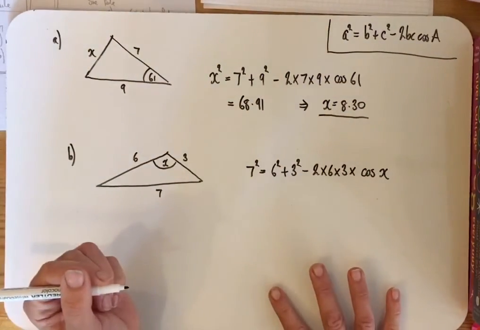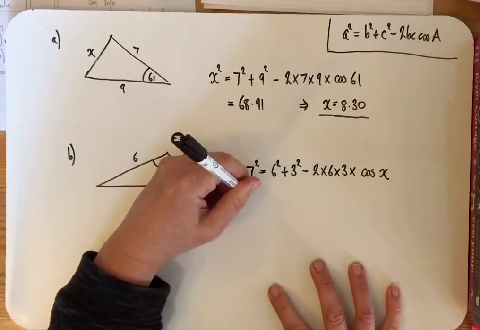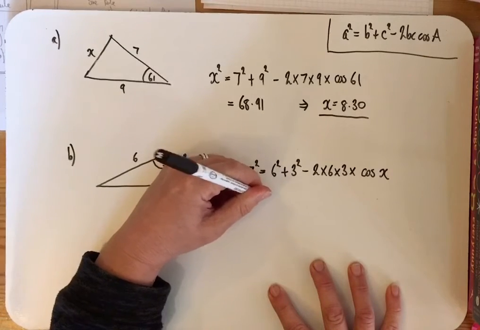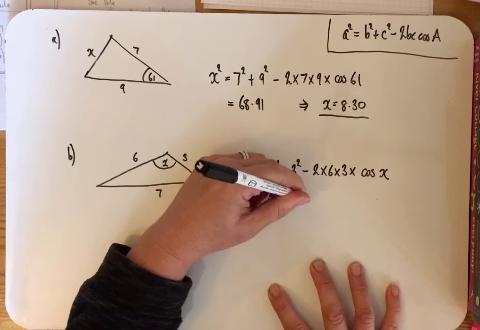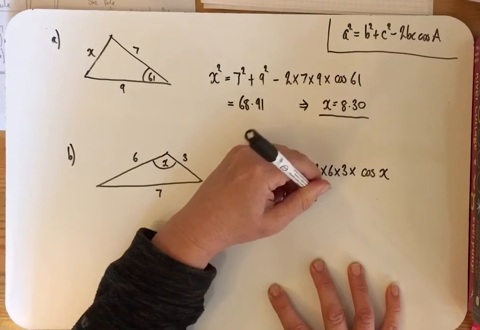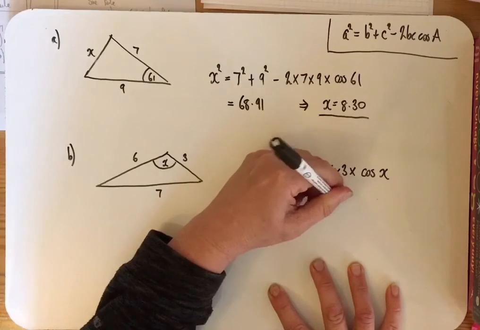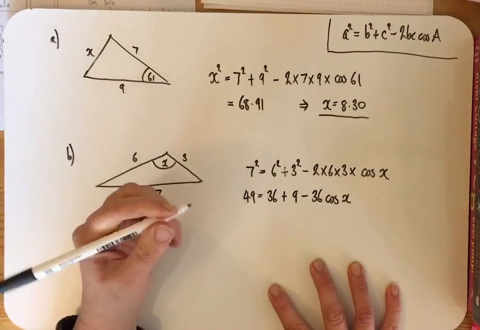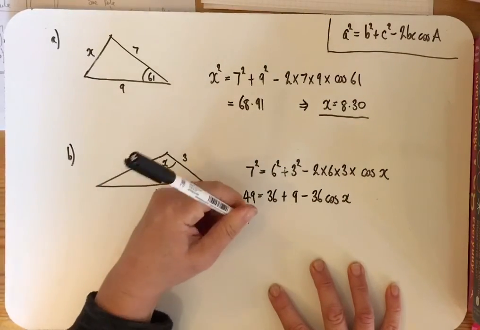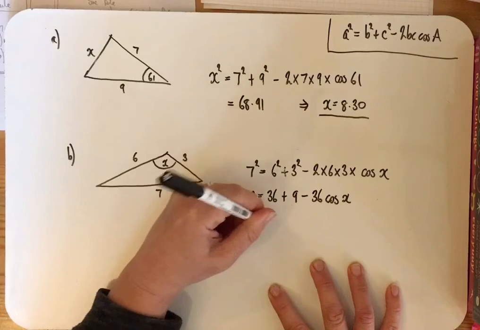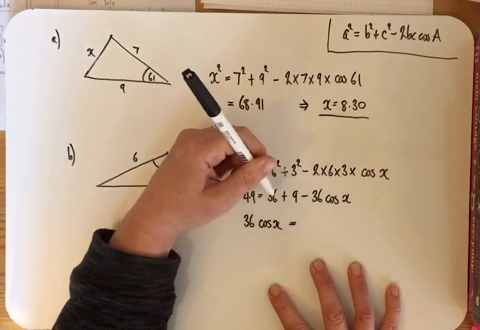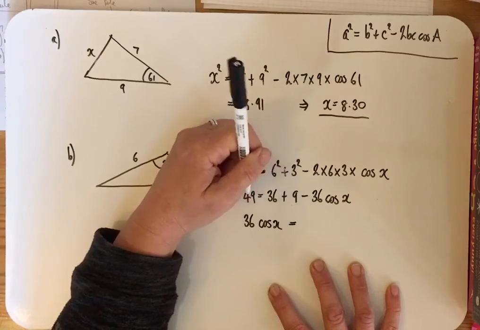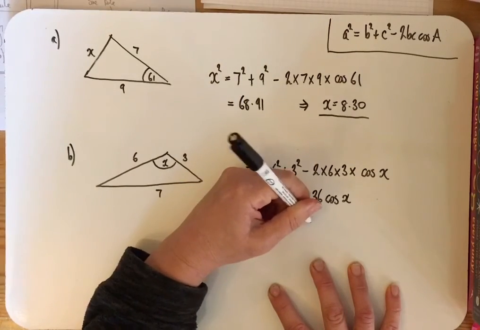And again, just be careful about BIDMAS. So 49 is equal to 36 plus 9 minus 36 cos x. So 36 cos x is going to equal 36 plus 9, which is 45, minus 49, which is minus 4.